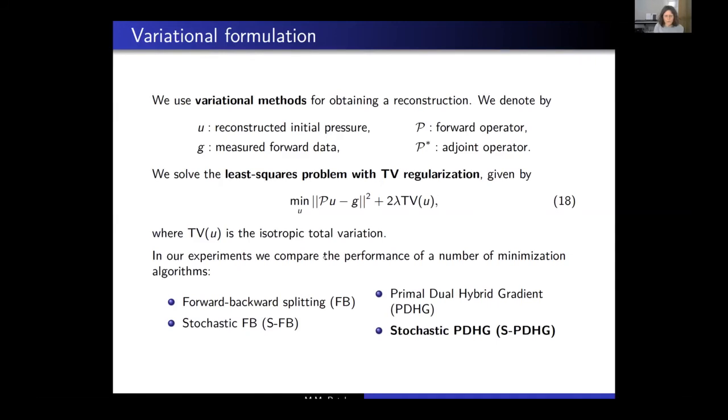We are going to apply a handful of methods to it, such as forward-backward splitting and primal dual hybrid gradient, which are convex optimization methods, and the stochastic counterparts thereof. Stochastic forward-backward is a kind of stochastic gradient descent, and then there is the stochastic primal dual hybrid gradient method. This is the one that I'm particularly interested in.